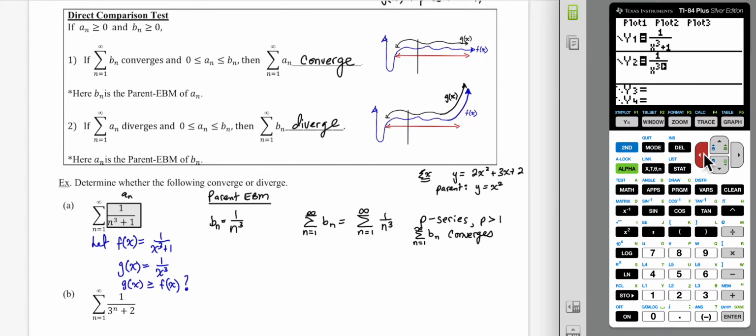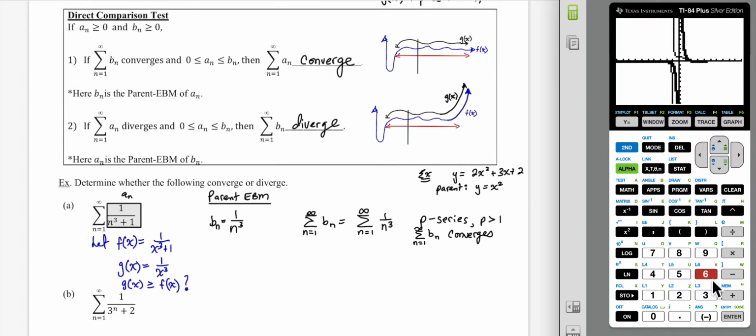I'll make one bold so it stands out. Numerically you can verify this in your mind, because the 1 is being divided by a larger number here in all cases than over here. So this fraction would necessarily have to be smaller than this one. So you have that relationship, but we could also look at it visually.